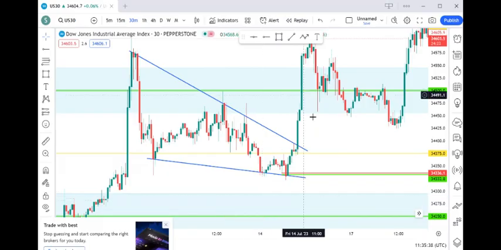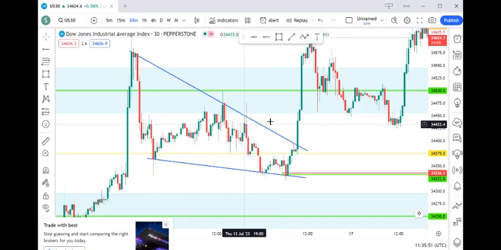We're going up. We want to target the previous highs. So how do we get TPs off previous highs? We want the previous high bodies. So we target the previous high bodies of the candles, never the wicks, the bodies. So this will be TP1.